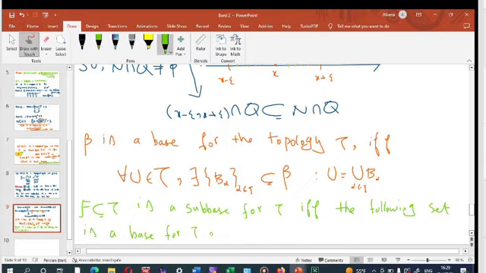And this is considered, the set of all finite intersections, the F_i from 1 up to n such that n belongs to N and F_1 up to F_n belong to F. The set of all finite intersections of elements in F consists a base, is a base for tau.